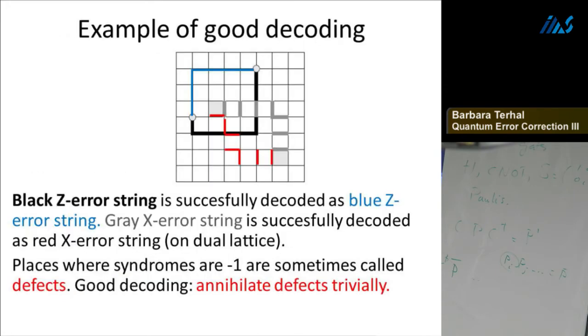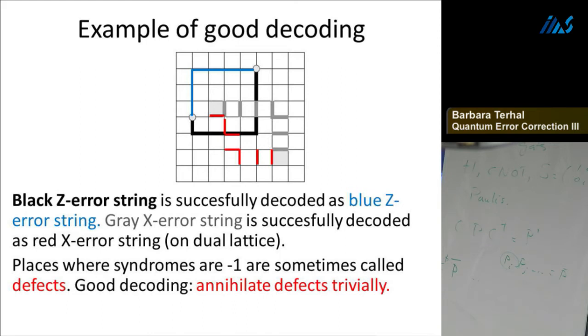Okay, so if you remember from the first lecture, we had a criterion for when decoding was good or bad. Decoding was good when the real error times the guessed error was an element in the stabilizer. So in this case, it should be a trivial loop. If we have a string like this, let's say that's the error string, all these qubits underwent an error, and those are all Z errors.